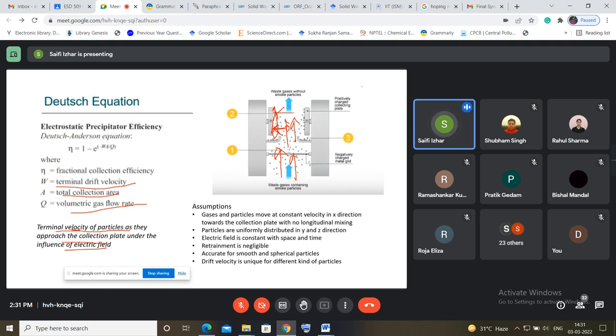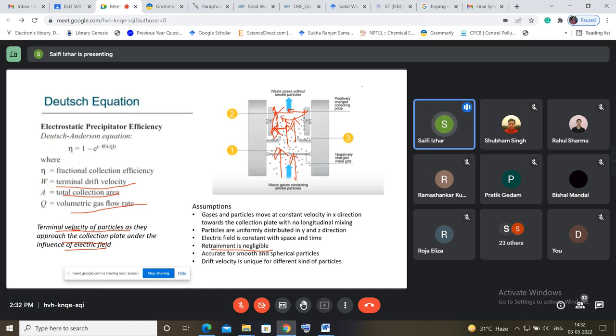And the reentrainment is negligible. Reentrainment means whatever particle is accumulated on this collector plate is not reentraining into the gaseous flow, meaning it is not getting dislodged from this collector plate and coming back to the main flow stream.